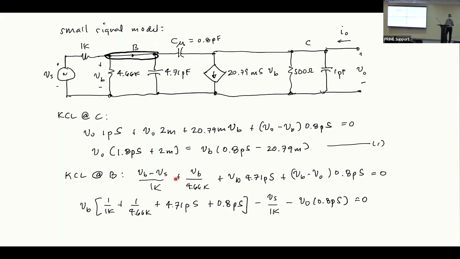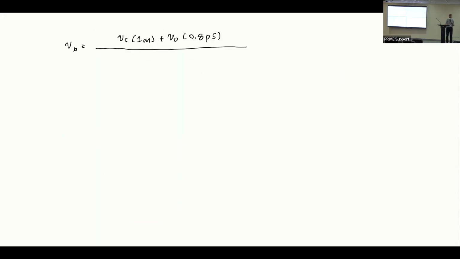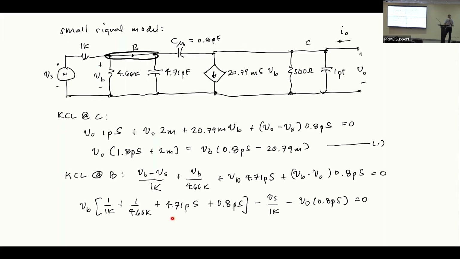1 over 1K plus 1 over 4.66K is 1.215 M. I hope my calculations are correct. I only did this before coming here. And then ito, 4.71P plus 0.8P is 5.51P. Sorry. Mali.